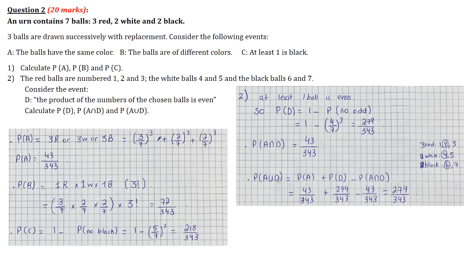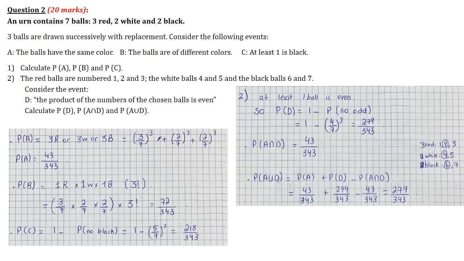We have 1, 3, 5, and 7. So we have 4 possibilities out of 7 cubed. So 1 minus 4 over 7 cubed is 275 over 343. Okay? Because I can't go for 1 ball is even, 2 balls are even, 3 balls are even. So you will have many cases. So just do it 1 minus probability of only odd, means the 3 balls are odd.